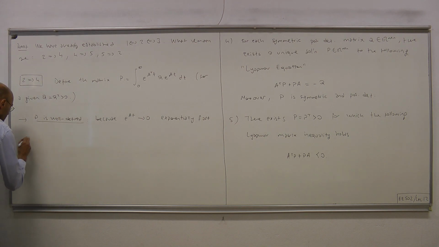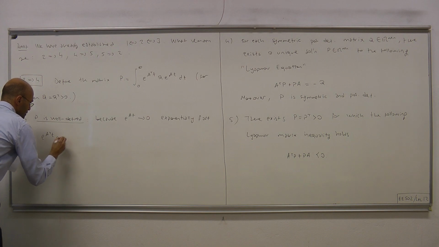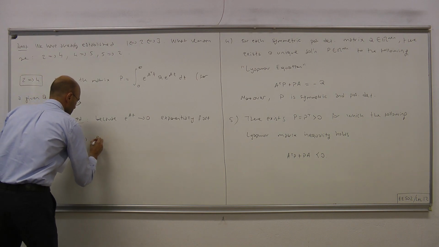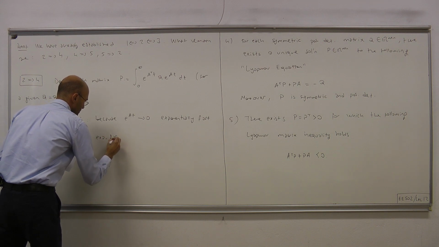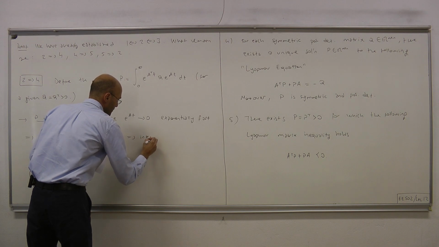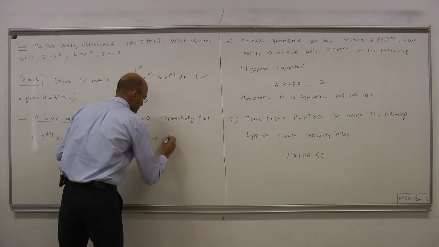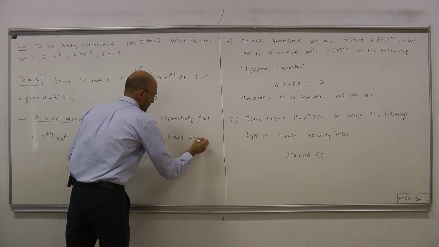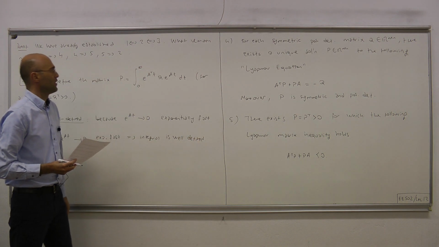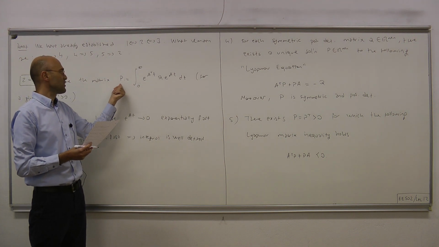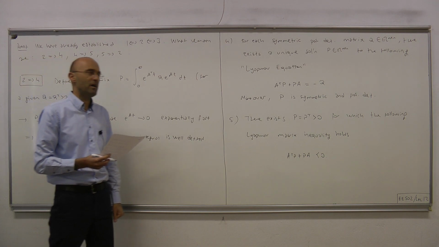So e to the A transpose t, Q, e to the At decays to 0 exponentially fast, and therefore the integral is well defined. So this construction does produce some matrix P, a real matrix.